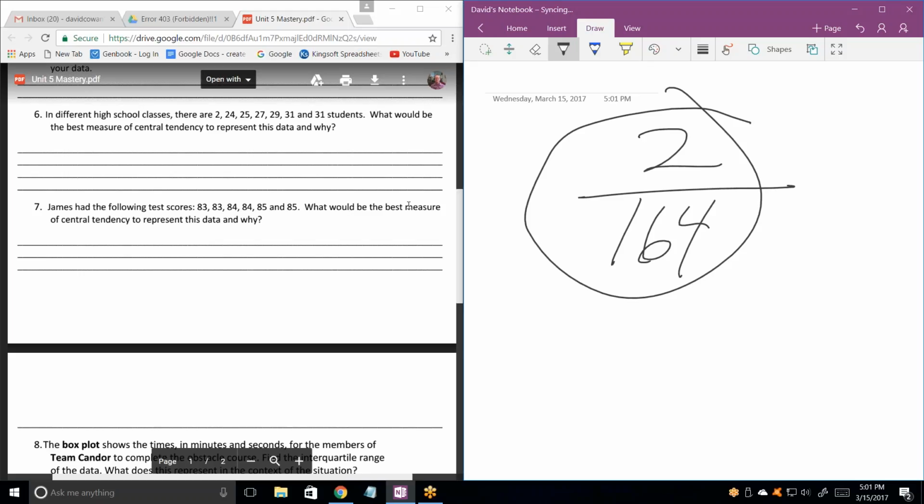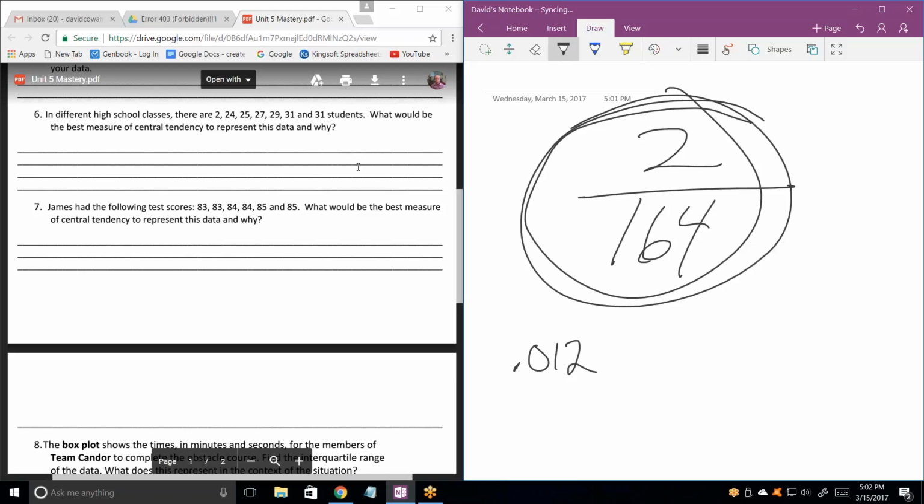Do you have your calculator in front of you? I have a calculator, yeah. What's 2 divided by 164? 0.012.